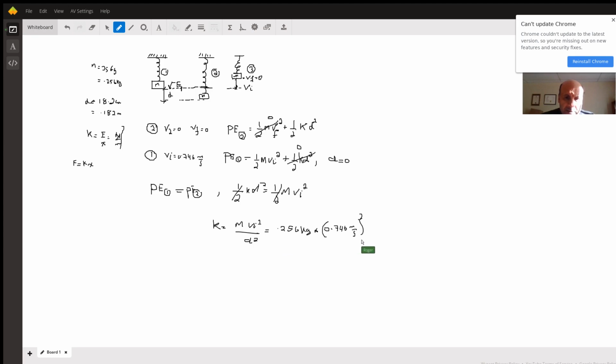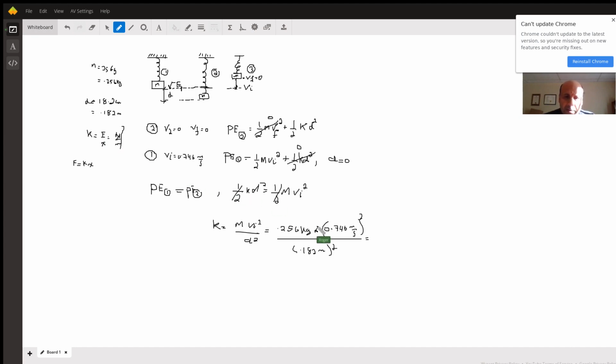D squared is the distance given as 0.182 meter, and we're going to square this. So we're going to work the numbers and we're going to work the units, and we should arrive at a stiffness in units of Newton per meter. If we don't, then something is not right.